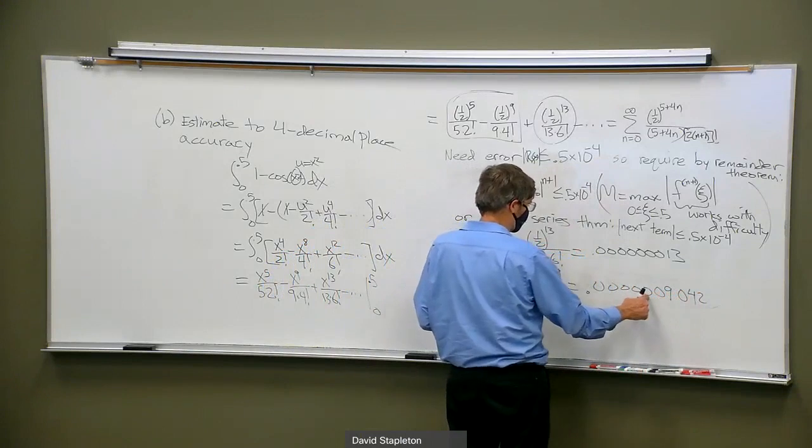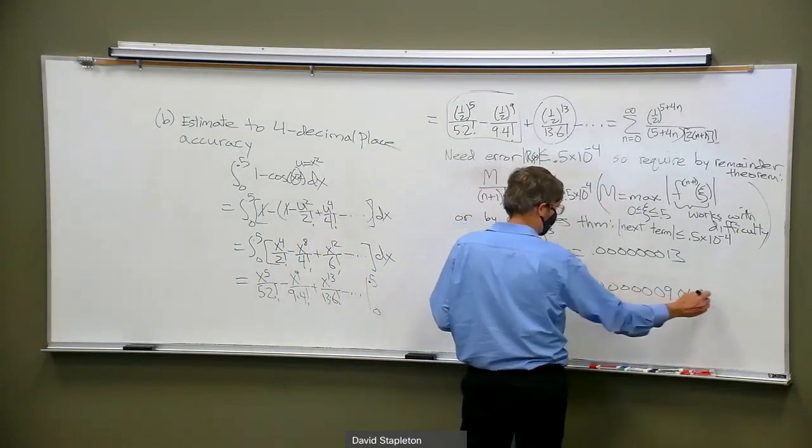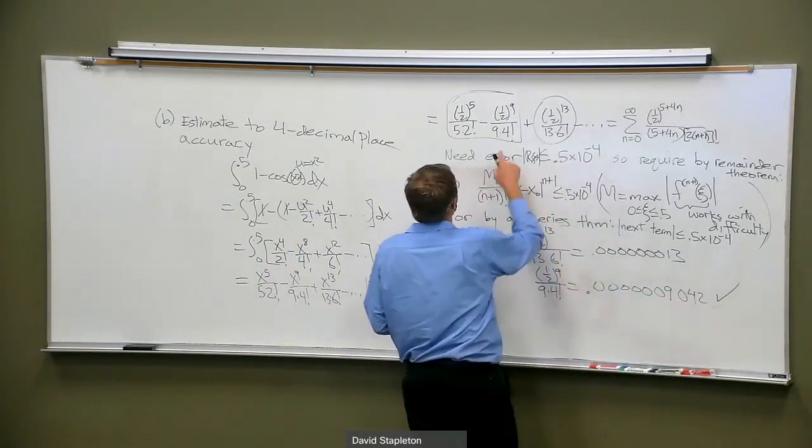All we need is less than or equal to 5 here. So this is small enough. We can just take the first term.